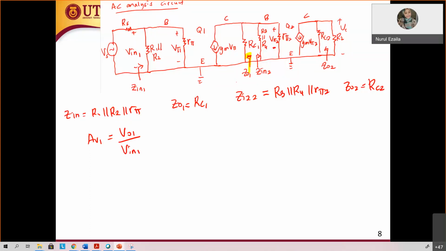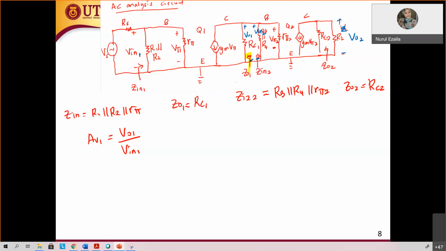V out 1 is next to RC1, at the same node it is equal to V in 2. And this is the V out, which is V out 2 at the back.